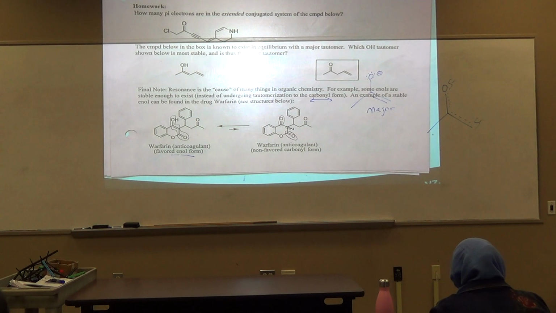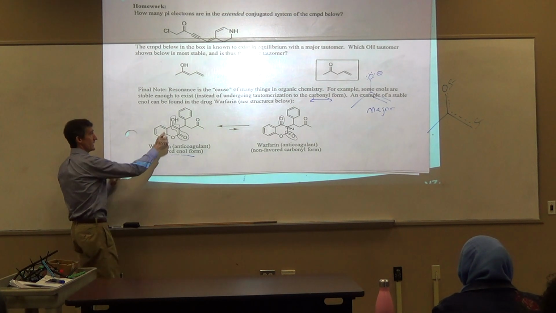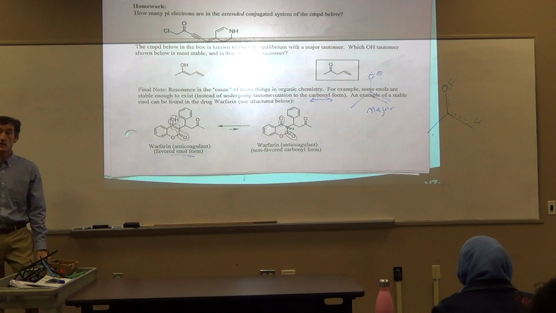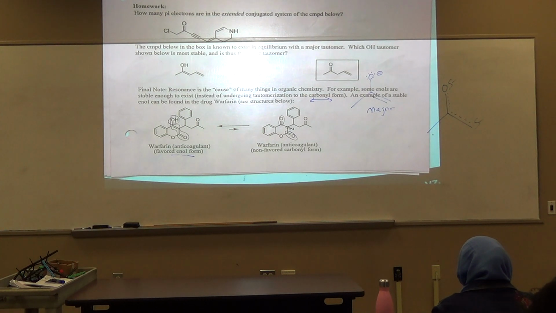Warfarin is typically drawn as the structure on the left, and if you run an IR of warfarin, you'll actually see an OH group in the IR, telling you that the enol must be the predominant form, and I'm seeing evidence of it. And if you run NMR, which you'll see in organic 2, you'll see evidence of that structure.